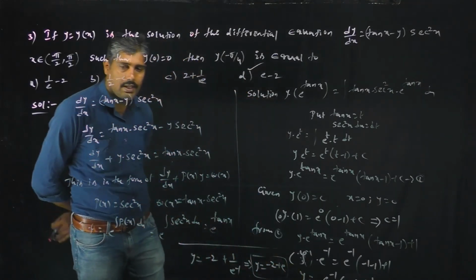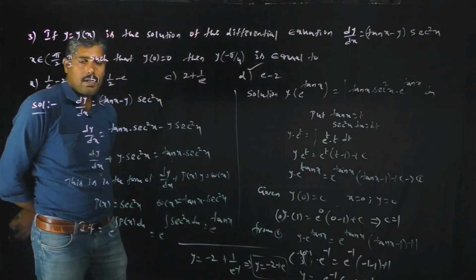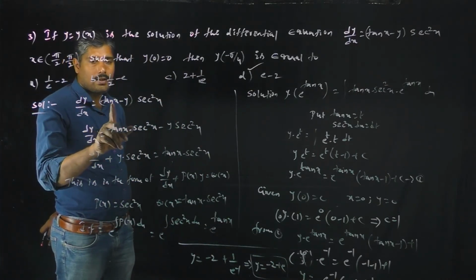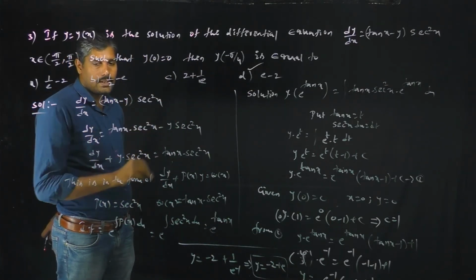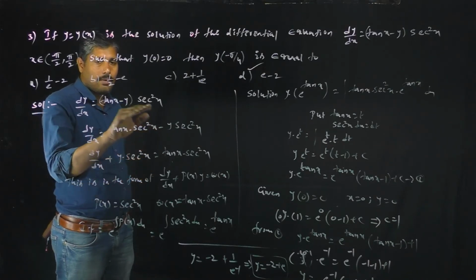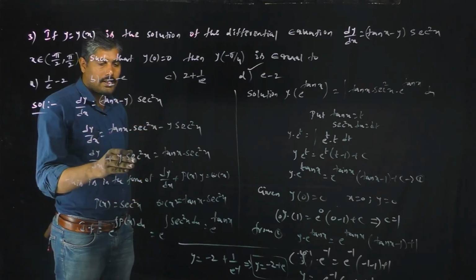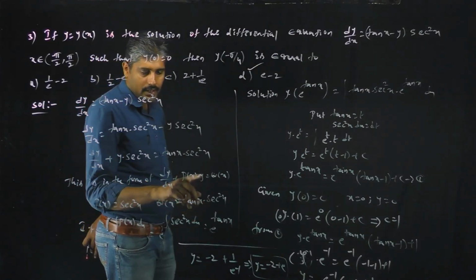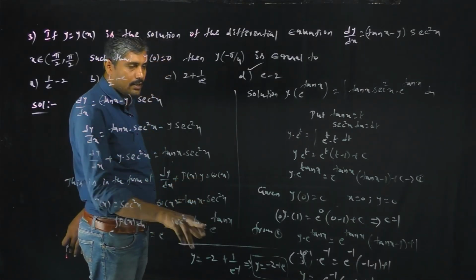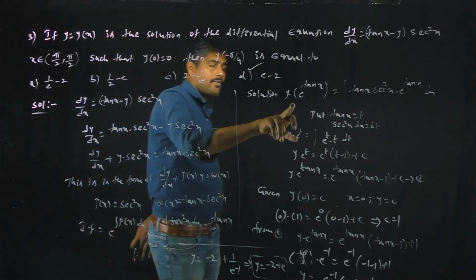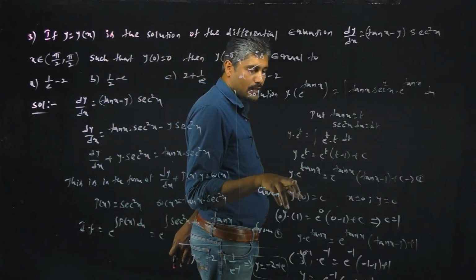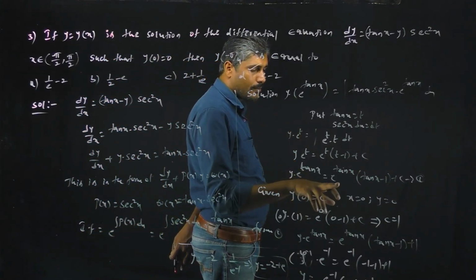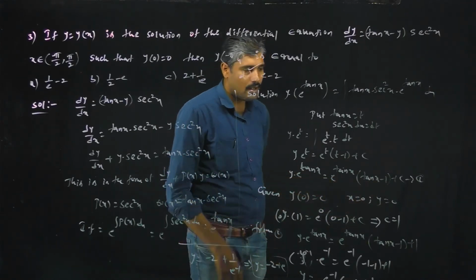See once again, given differential equation is dy by dx equal to tan x minus y into secant square x. Then multiply with secant square x, we get the linear differential equation in y, right? Then first find the integrating factor, then find the solution. Therefore solution is y into e power tan x equal to e power tan x into (tan x minus 1) plus c.